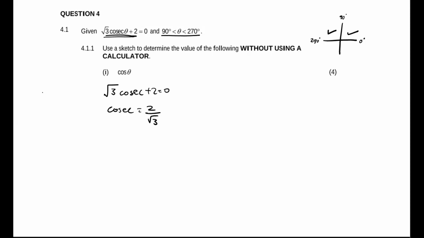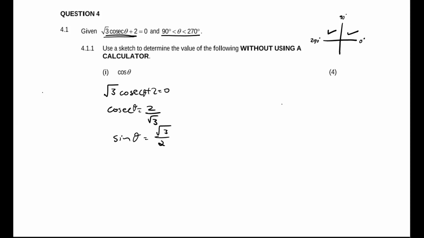Then cosec, remember, is a reciprocal, not an inverse. It's a reciprocal of what? Sine. So it means that sine theta is equal to root 3 over 2. Good.